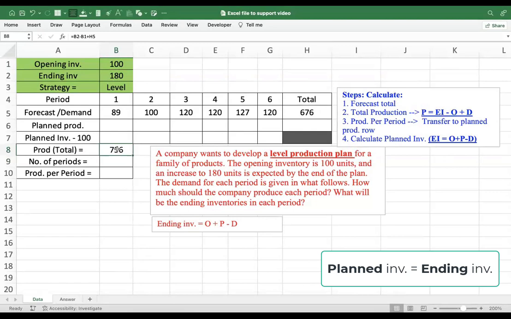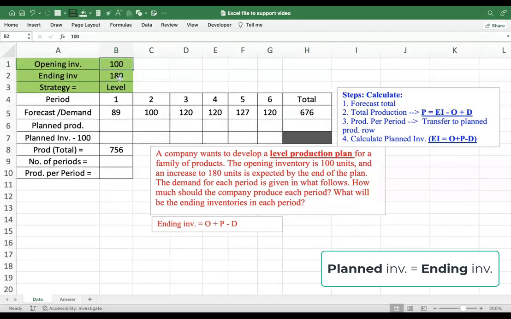Now, this is the level of production. You can see it's a little bit different from the demand. Our total demand, that's required orders from the customer, is 676, but we are going to produce 756. And the reason is that this information accommodates opening inventory and ending inventory.